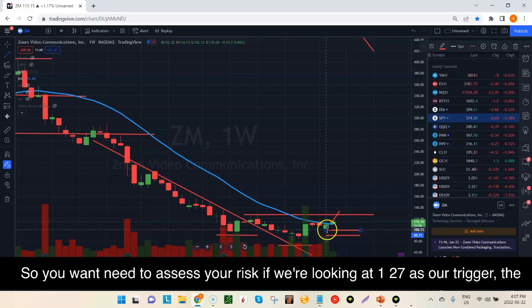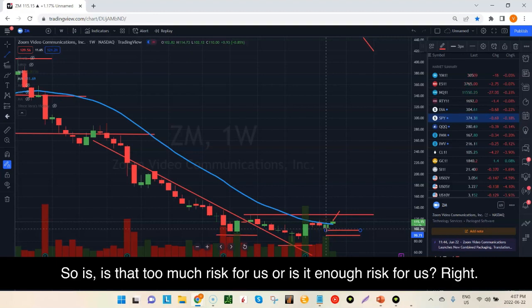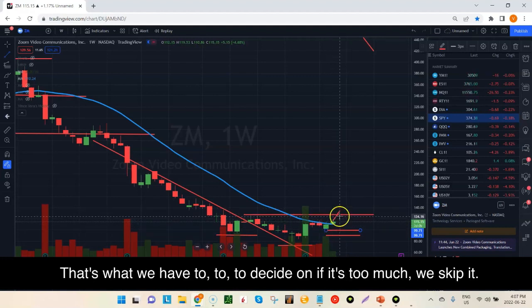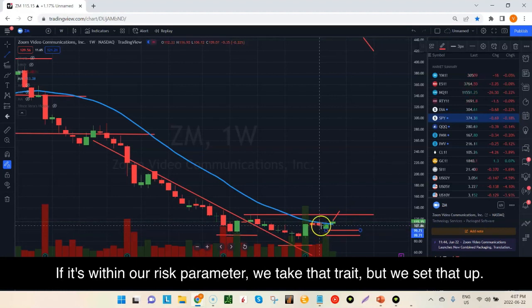So you need to assess your risk. If we're looking at 127 as our trigger, the low of this candle is 102, right? So is that too much risk for us, or is it enough risk for us? That's what we have to decide on. If it's too much, we skip it, we go on to the next trade.